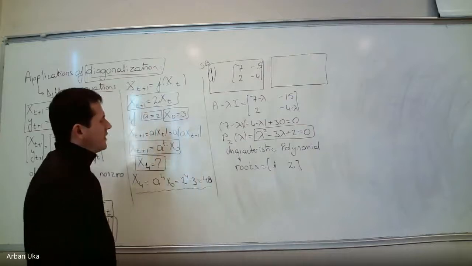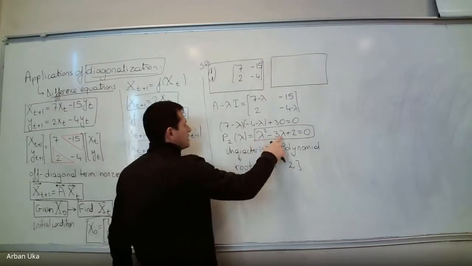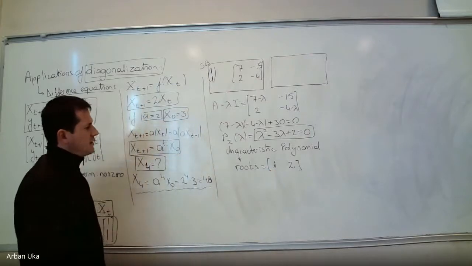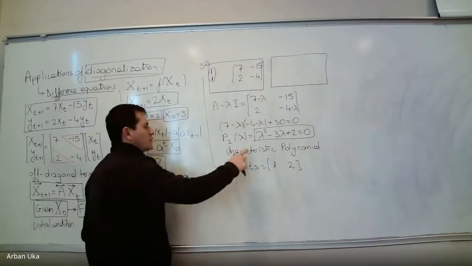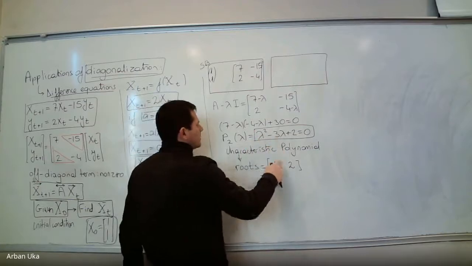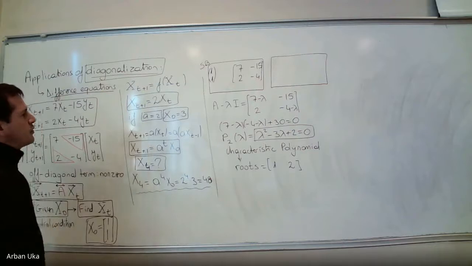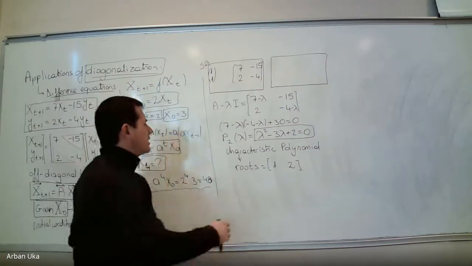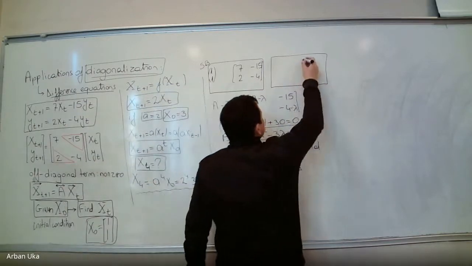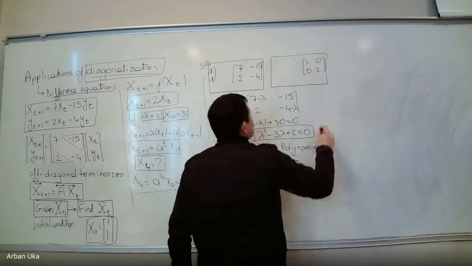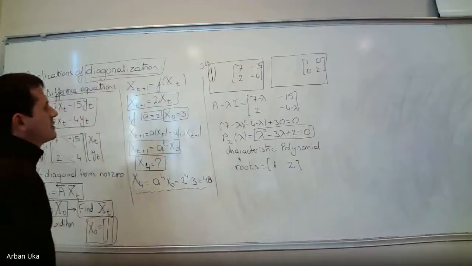We can try: 1 squared minus 3 plus 2 is 0, so the 1 is satisfied. For the 2, we have 2 squared is 4, 4 minus 6 plus 2 is 0. So they are both roots. If they are both roots, that means that the diagonalized version of the matrix A is the following: 1, 0, 0, 2. We did it. Okay, so we diagonalized the system.